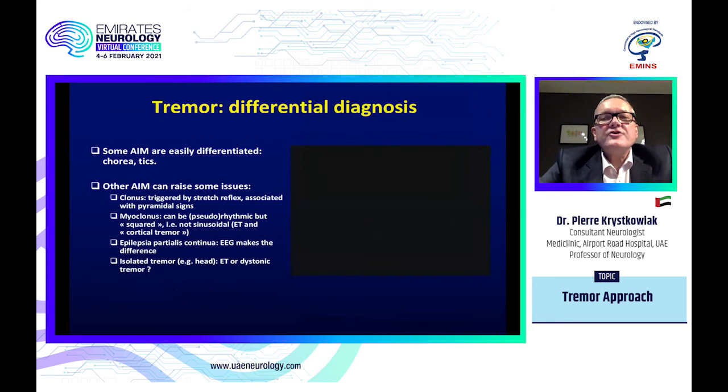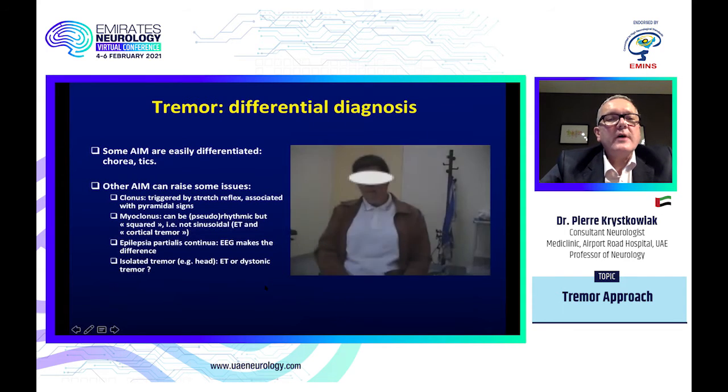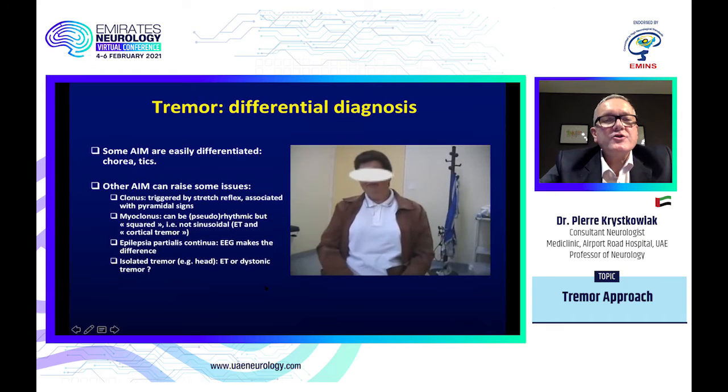What are the differential diagnoses of tremor? Most other abnormal involuntary movements are easily differentiated, like chorea or tics and so on. But some other abnormal involuntary movements can raise some issues.